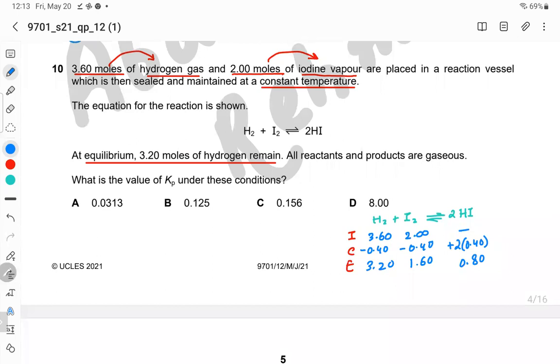Okay, so now find Kp, which is 0.80 squared over... because we have 2 moles. Let me write the Kp expression: partial pressure of hydrogen iodide raised to the power 2, divided by partial pressure of hydrogen times partial pressure of iodine.